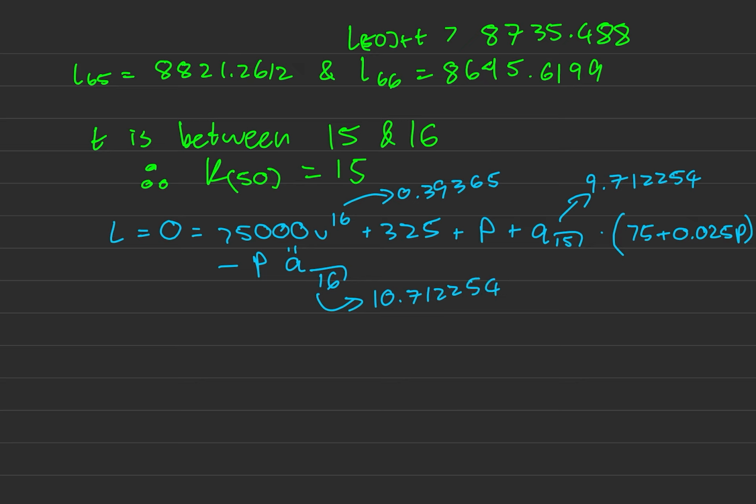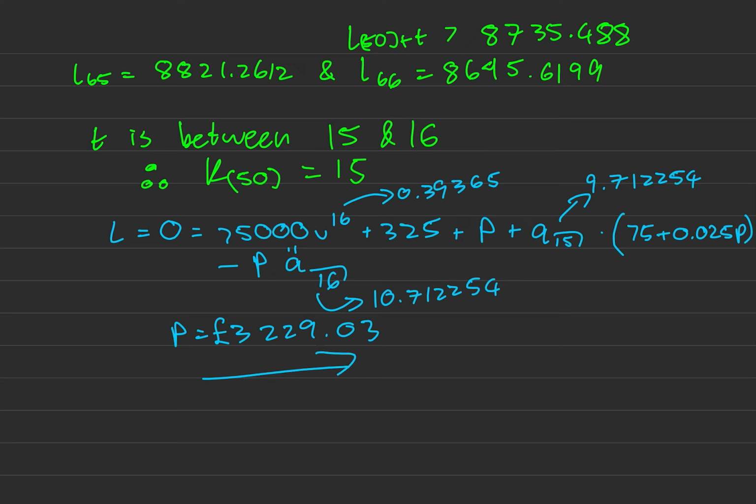Then I can calculate P because I have an equation of one variable, and when I solve for P, it is 3,229.03 pounds. Okay, and that is the question solved.